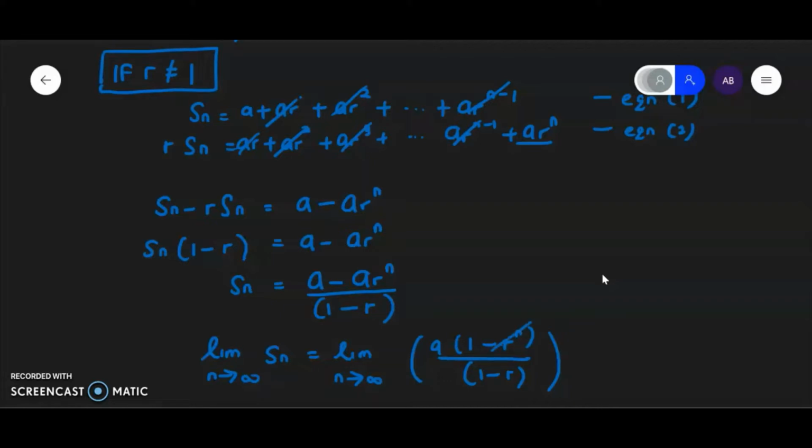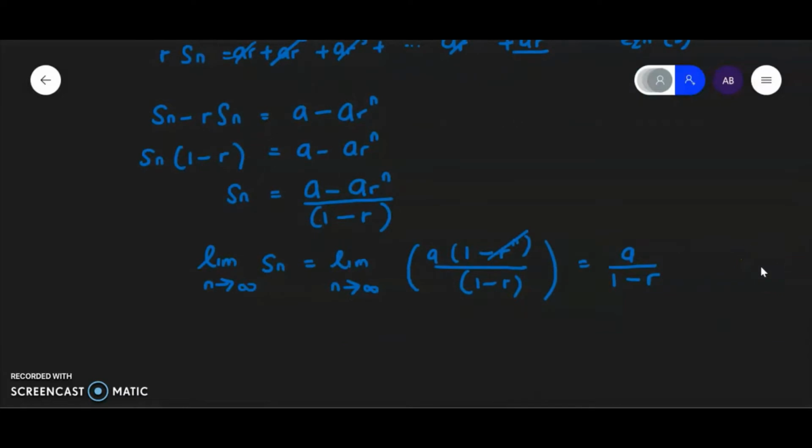So that gives you a over 1 minus r. Hence, when the absolute value of r is less than 1, the geometric series is convergent, and this is the sum.